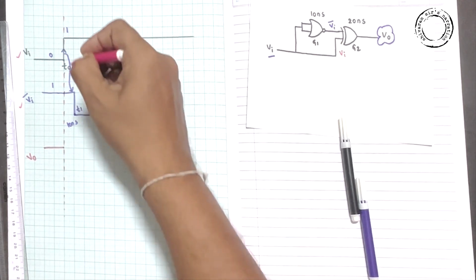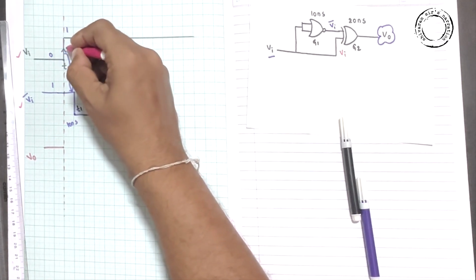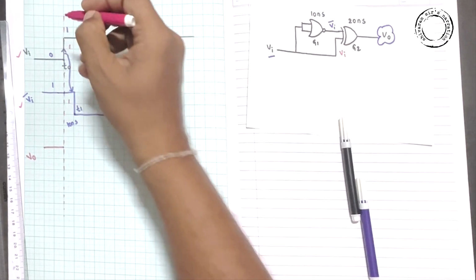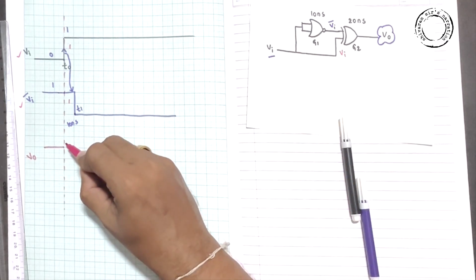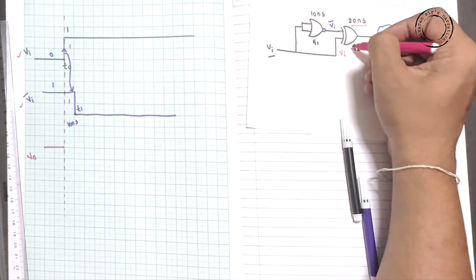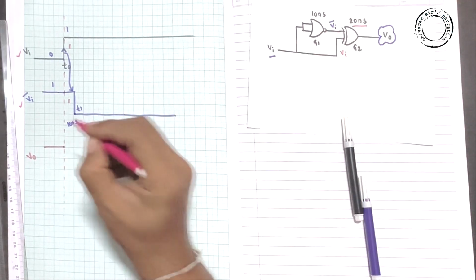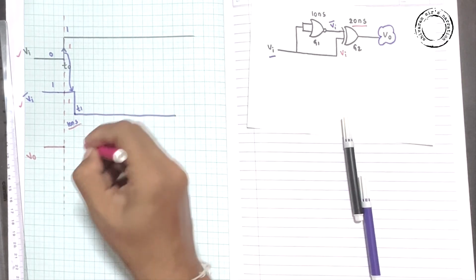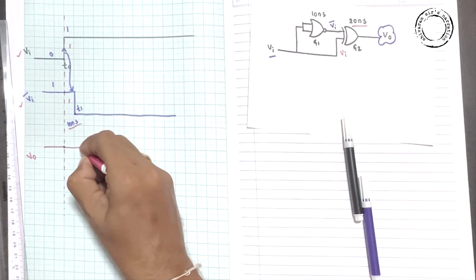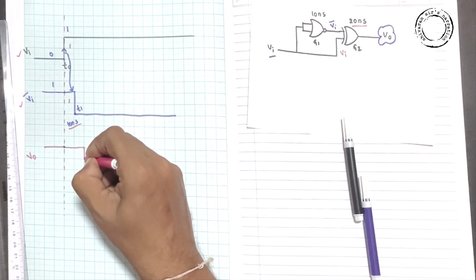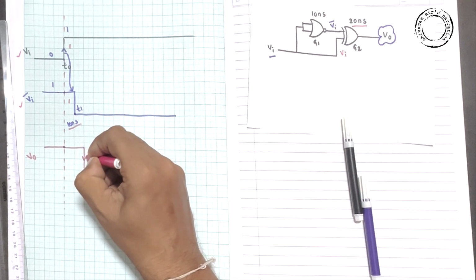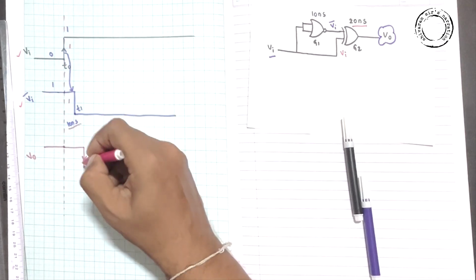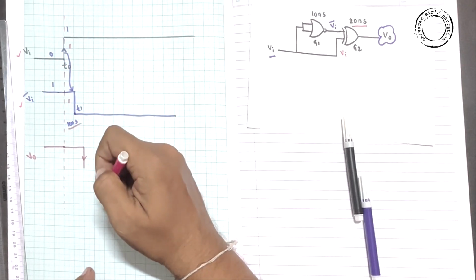Yes, at T0 input Vi is changed from 0 to 1. Therefore, it is 1, 1. Hence, output becomes 0. That will happen after 20 nanoseconds, XOR gate. So from here, after 20 means, let's assume each box has 10 nanoseconds. Therefore, here output changes from 1 to 0. Okay, guys, so whatever the T0 input has changed, that appeared at the output after 20 nanoseconds.